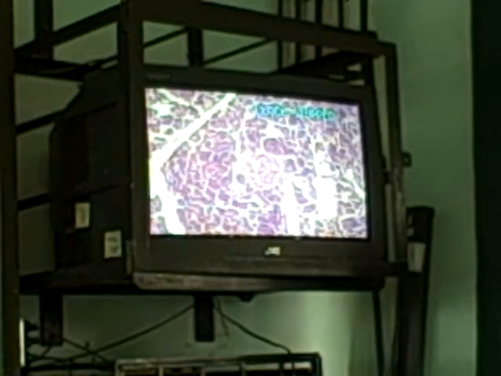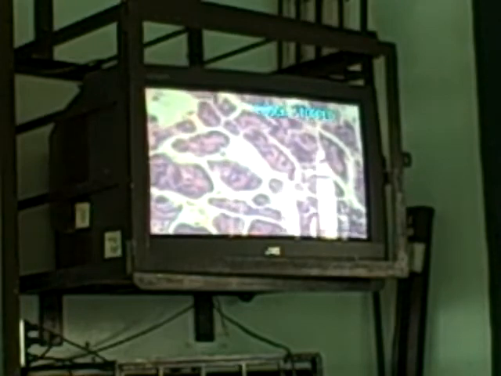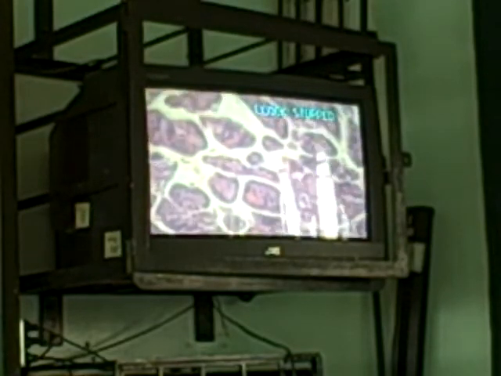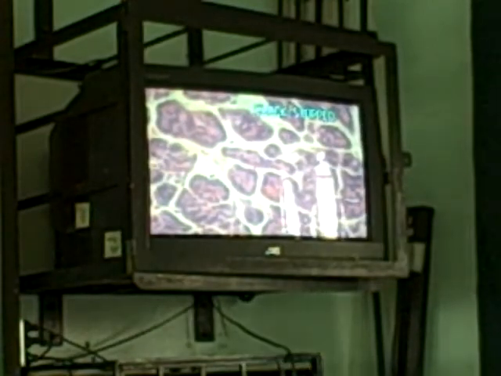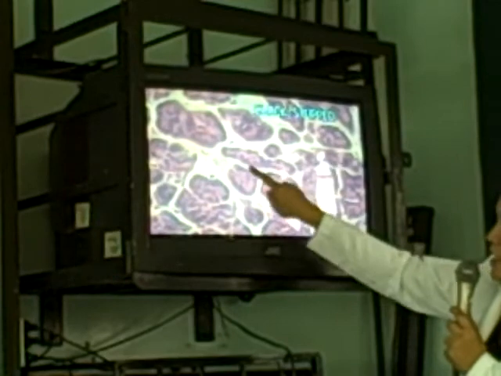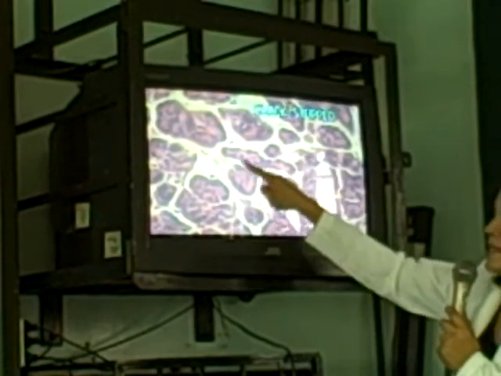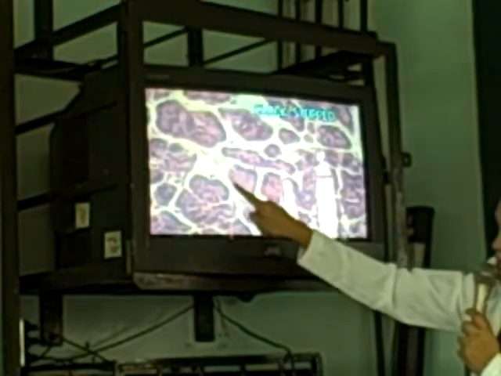That is mostly your pancreatic acini, which secrete your enzymes. Each pancreatic acinus is surrounded by acinar cells that are pyramidal. So this is one pancreatic acinus.